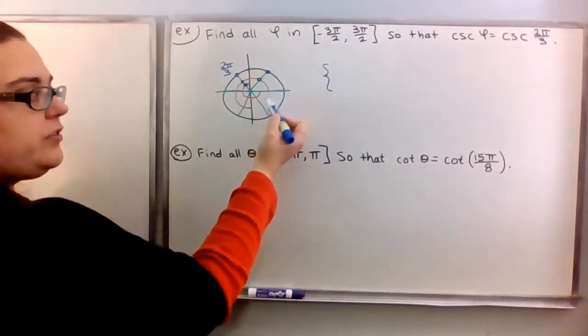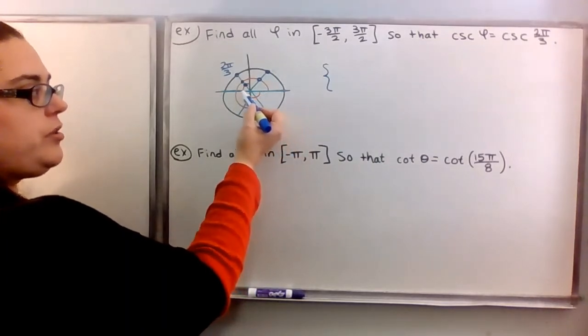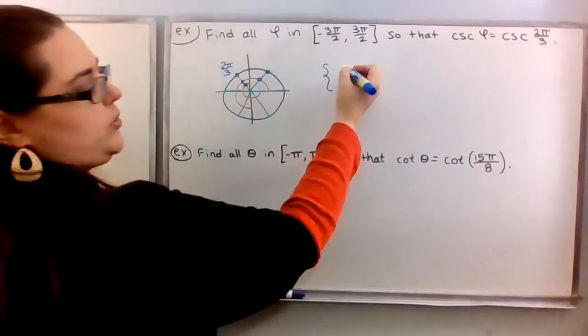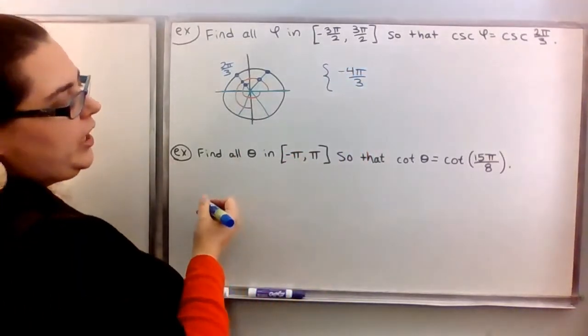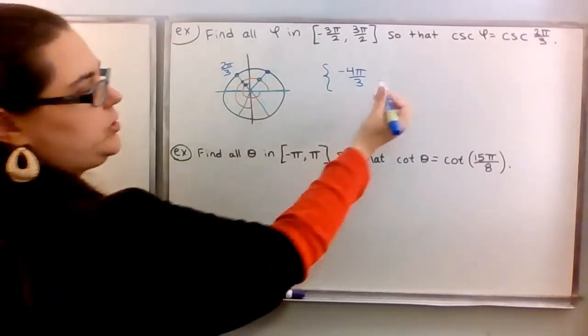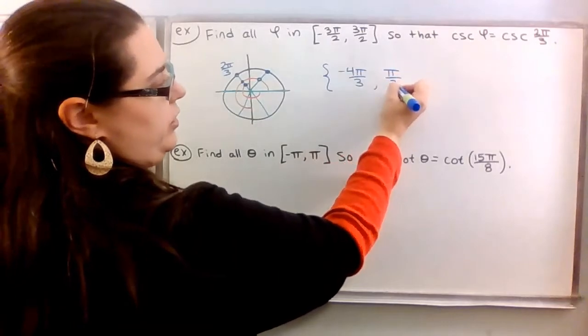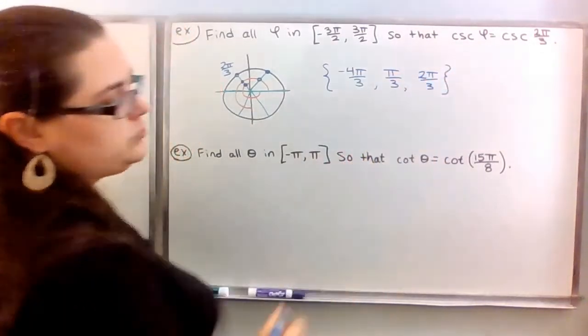So in the negative direction, as I count, this would be -1, 2, 3, 4. So we have -4 pi over 3. And in the positive direction, we have 1 and 2. So we have pi over 3 and 2 pi over 3.